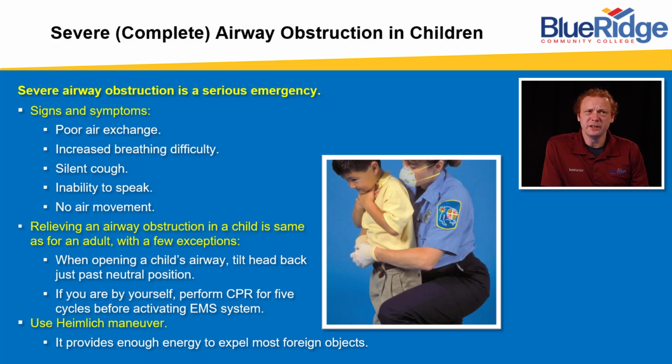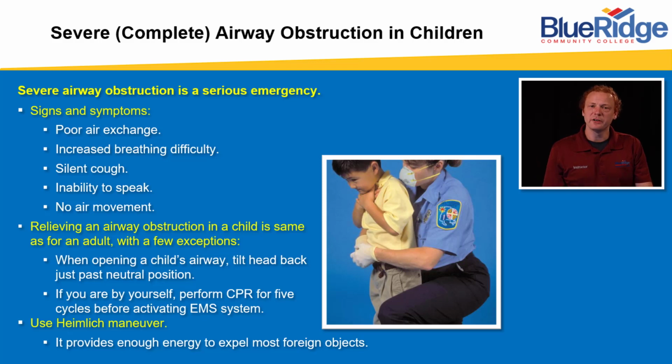The steps to relieving an airway obstruction in a child are pretty much the same as for an adult, with some slight differences. When opening the airway for a child, tilt the head back slightly past the neutral position, or a sniffing position.